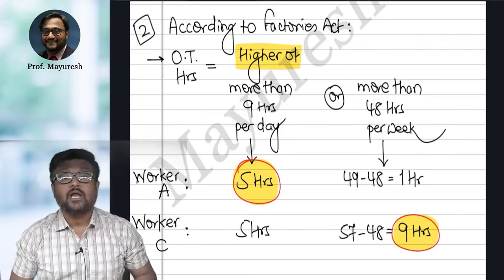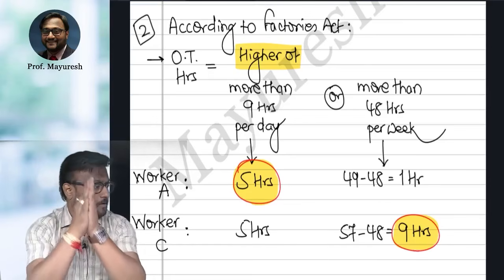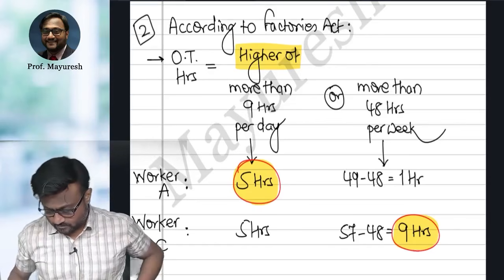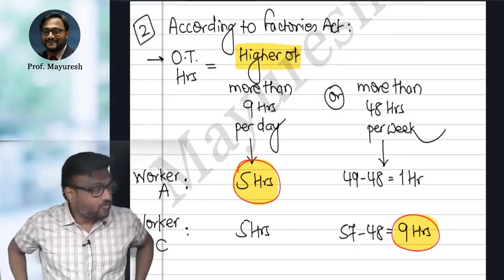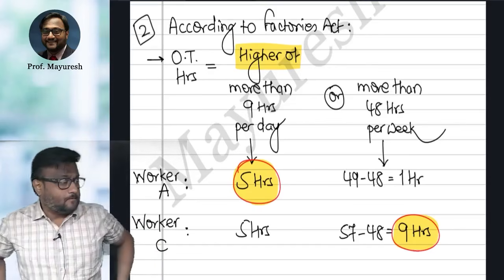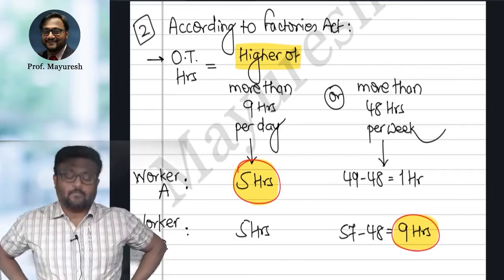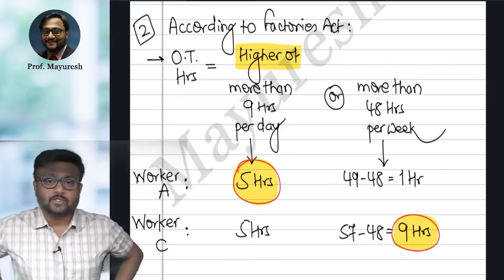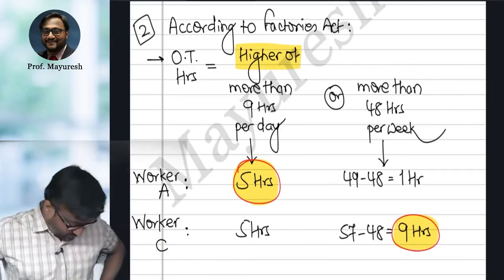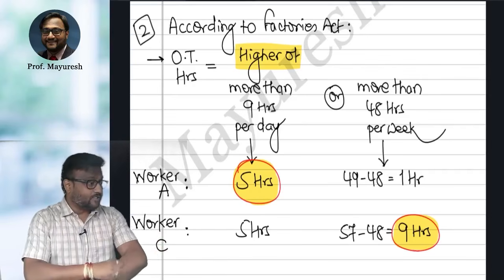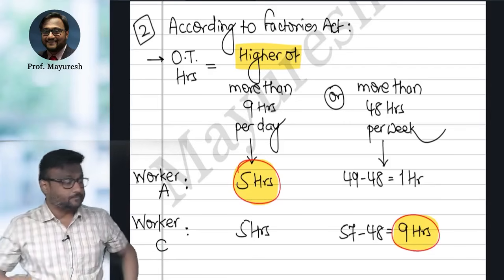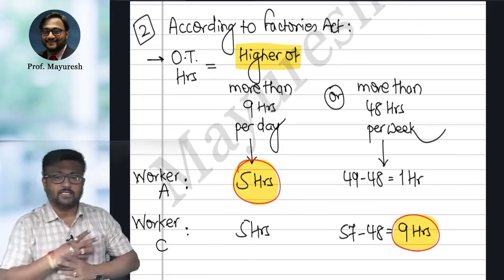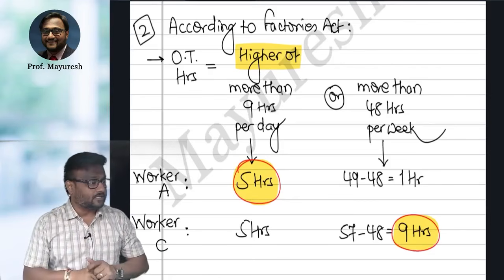In case of worker A, on daily basis, overtime is 5 hours.